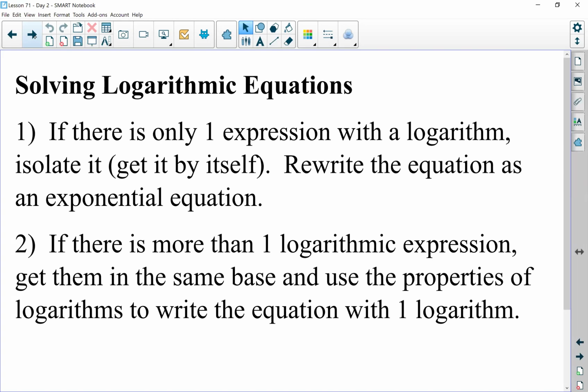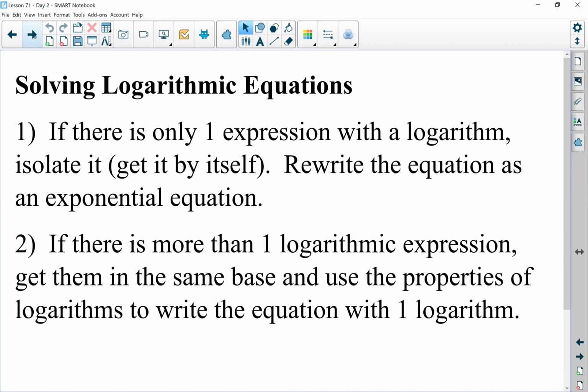If there's only one expression with a logarithm, what we're going to do is isolate it, get it by itself using some algebra. And then we will rewrite that equation as an exponential, using the idea that the base to the power of what it's equal to is equal to the inside of the logarithm. And we'll look at that in a few minutes.